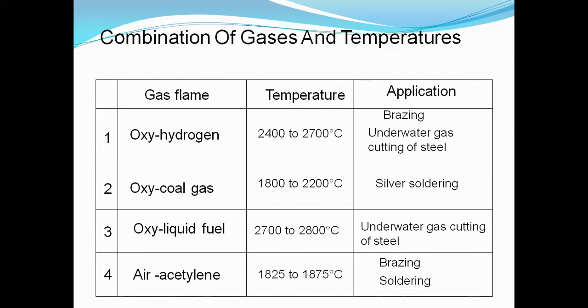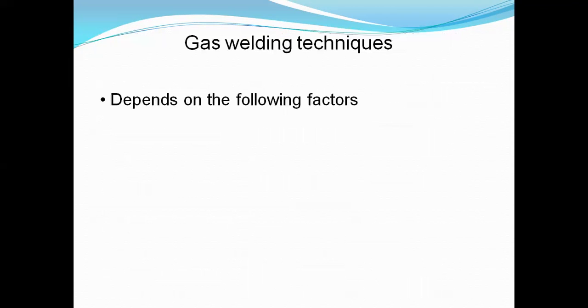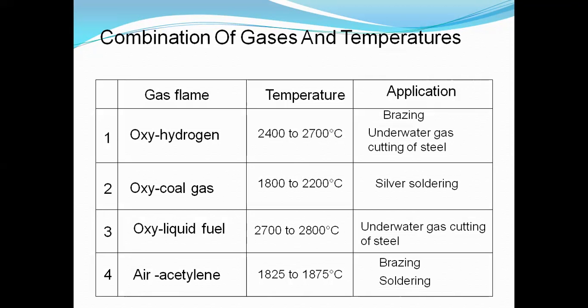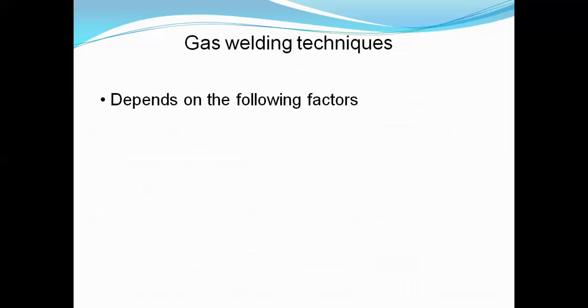Next, air acetylene, 1825 to 1875 degrees centigrade, for brazing and soldering. So these are the combinations of gases producing flames apart from oxyacetylene: oxyhydrogen, oxy coal gas, oxy liquid fuel, and air acetylene. And next, gas welding techniques.